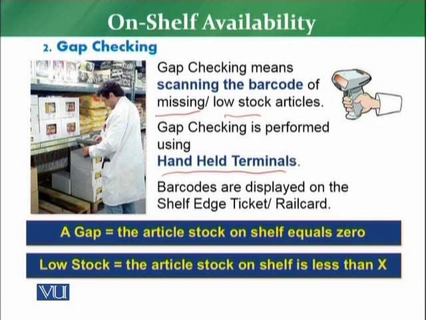So what is a gap? The gap is when the stock of the article on shelf equals 0. You consider a particular product as a gap when the stock status of an article equals 0, which means there is no stock available. If there is no stock available, you consider it a gap.